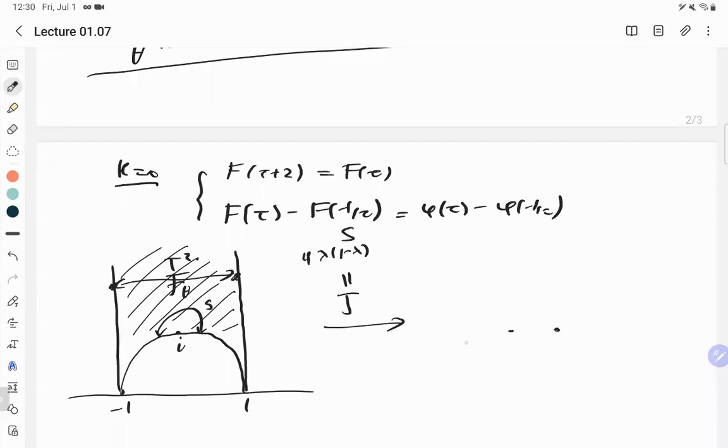You map point 1 to 0, point i to 1, and then, let me do some colors maybe. The vertical lines you map to the left. And then the two parts of the semicircle, you map to the right.